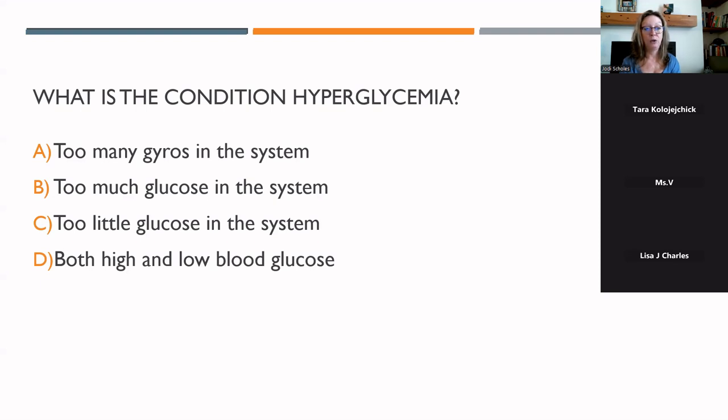C, too little glucose in the system. D, both high and low blood glucose.